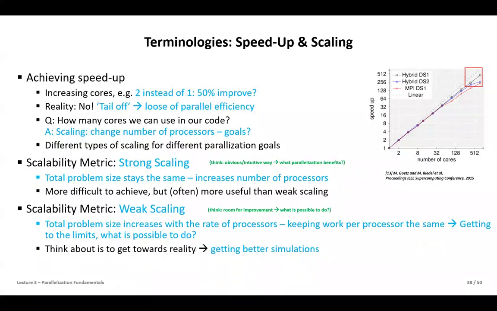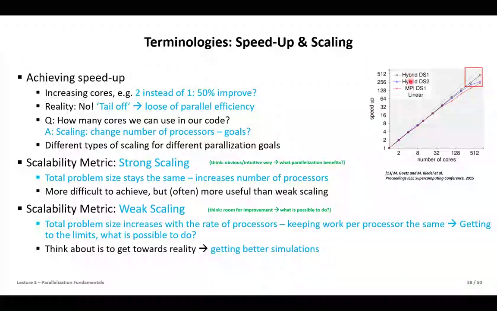You can show this explicitly, where our goal is of course to be near linear performance, but there are different ways to combat this and make it better. One idea that you see here in this example from our clustering algorithm is that you don't use just MPI, you also use shared memory. You see with MPI we tail off quite early, and this is different data sets for clustering, DS1 and DS2, but that doesn't matter so much.